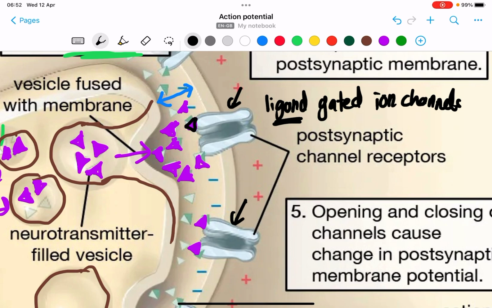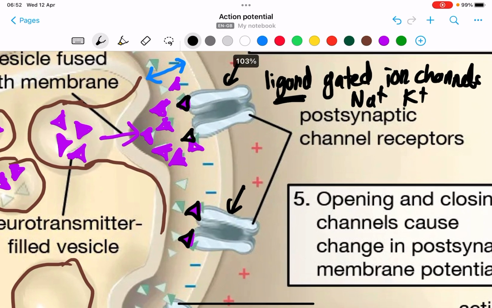So once the neurotransmitter binds with the receptor on the ligand-gated ion channel, the ions, which are sodium and potassium, can move in and out. So the sodium and potassium ions will move in and out of the postsynaptic membrane.